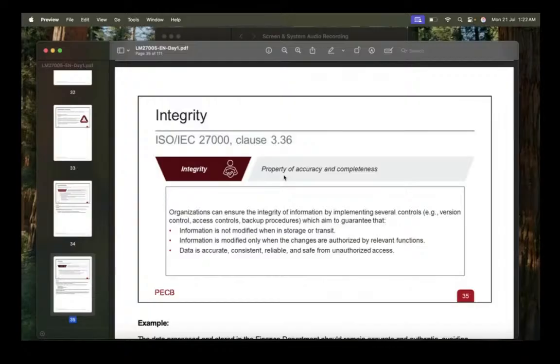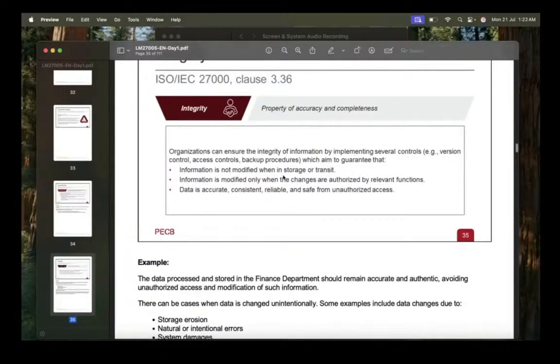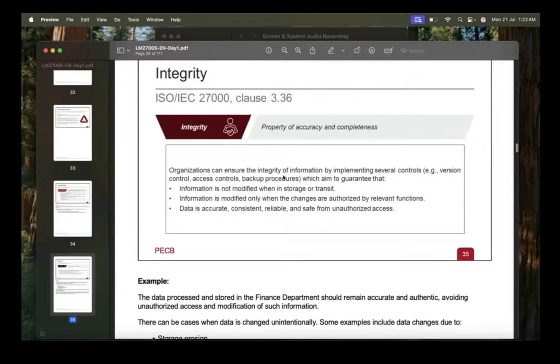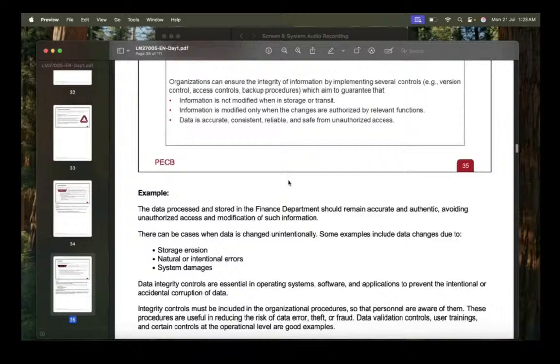Similarly, here we have an example for you, related to the data processed and stored in the finance department, which should remain accurate and authentic, avoiding unauthorized access and modifications of such information.